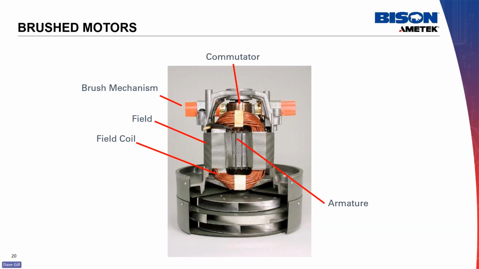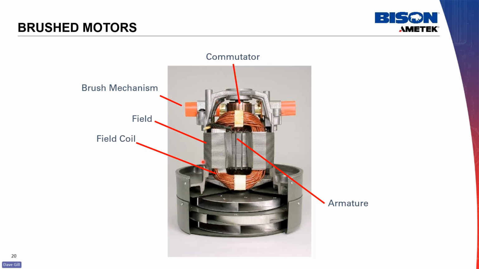A quick look at a sectioned brush vacuum motor shows the principal parts discussed. Okay, this big copper thing in the middle is your commutator, and these guys out here, these are the brush mechanisms where you hide the carbons and load them with a spring to keep them in contact with the commutator. Here you can see the body of the armature, the iron, and you can see the copper here and here.